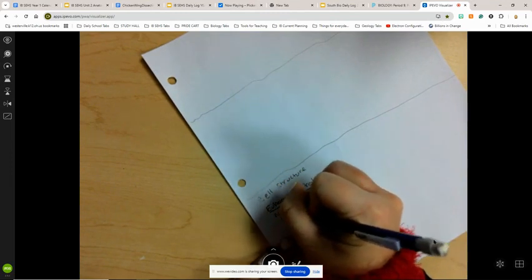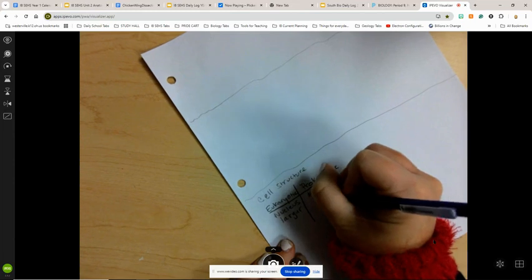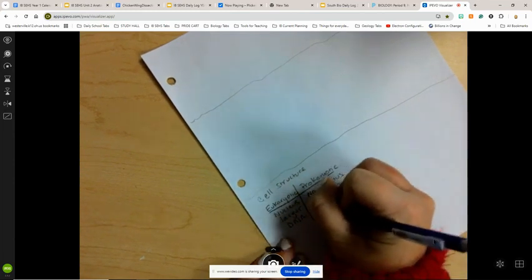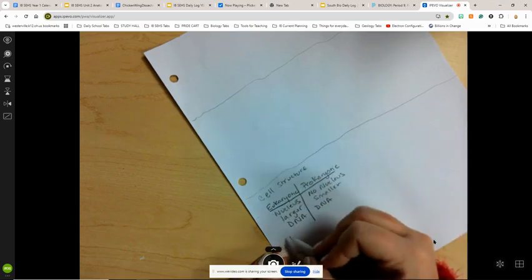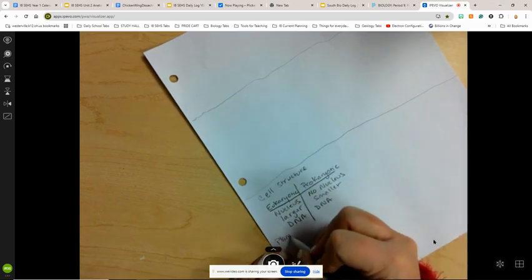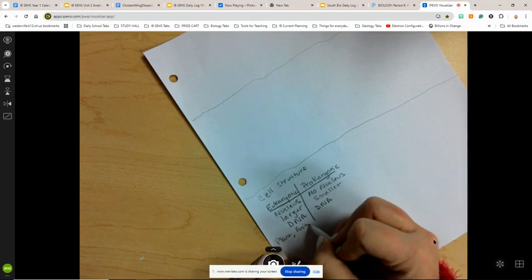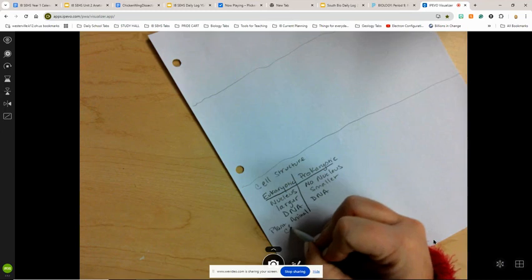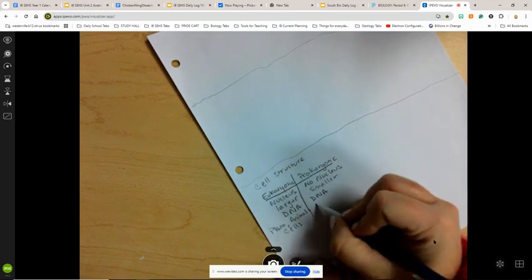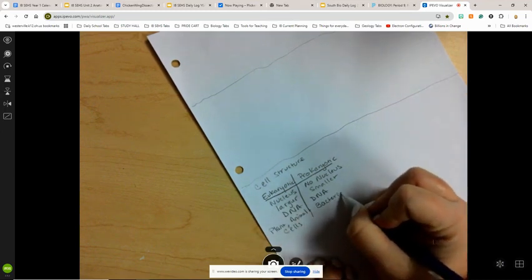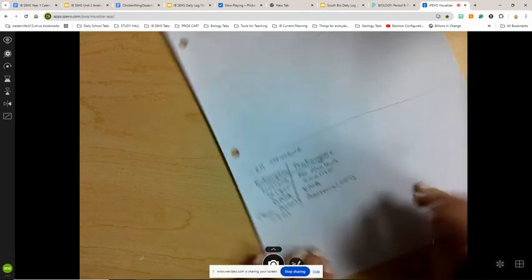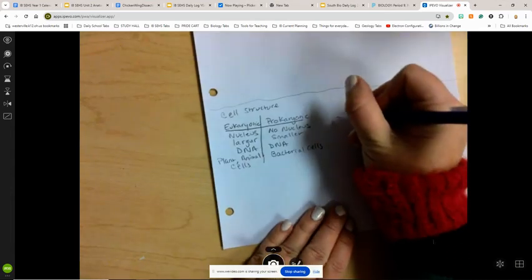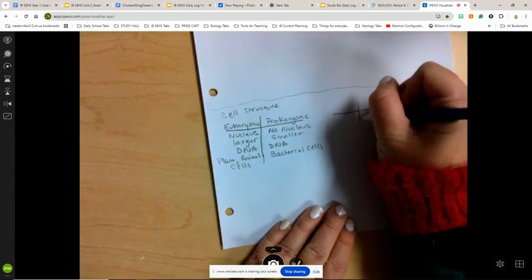This is larger, smaller. Both have DNA, okay? The examples of this would be plant, animal, also fungi and protists. These are cells. And this would be bacterial. Okay, that could be a quick breakdown of the different kinds. You could do the same little chart for plant versus animal. Try that one out.